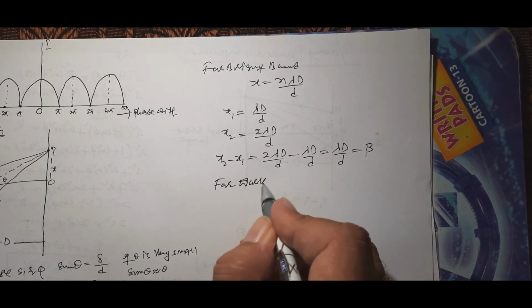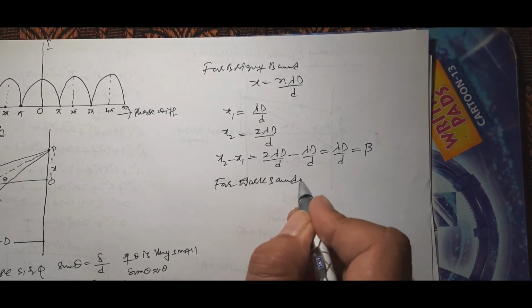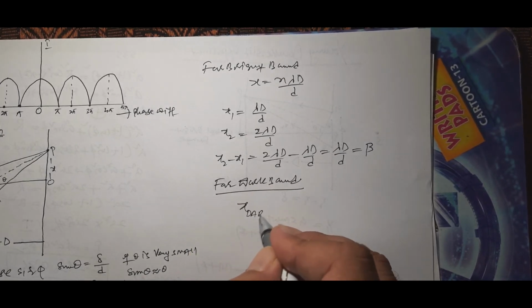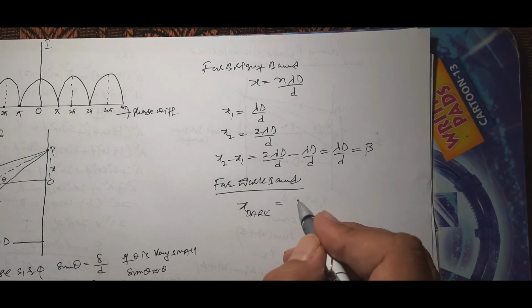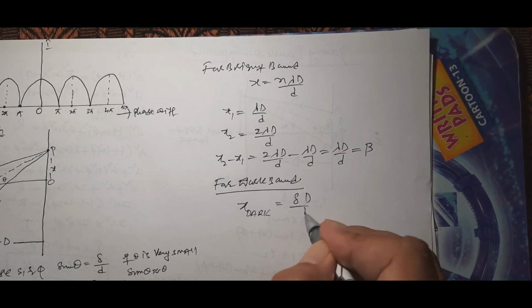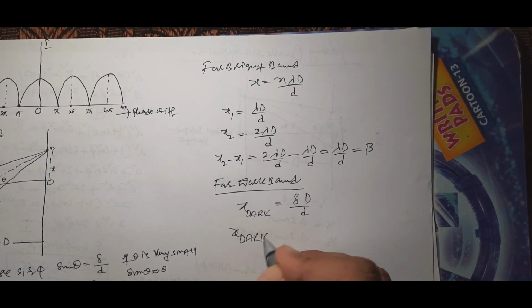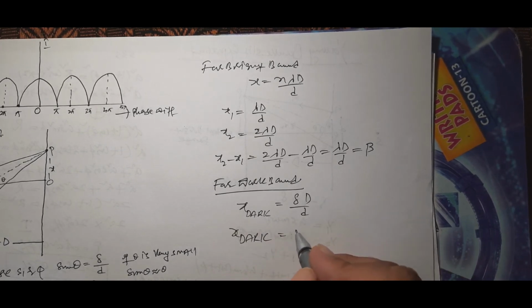Similarly, we calculate for the dark band. x dark is equal to delta D by d, but what is the path difference for the dark bands?